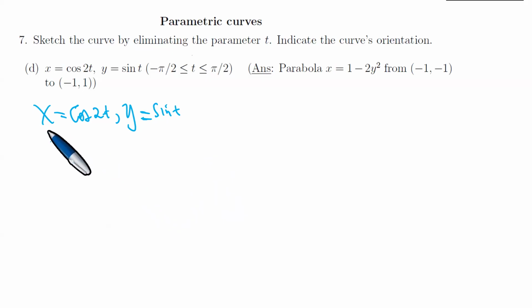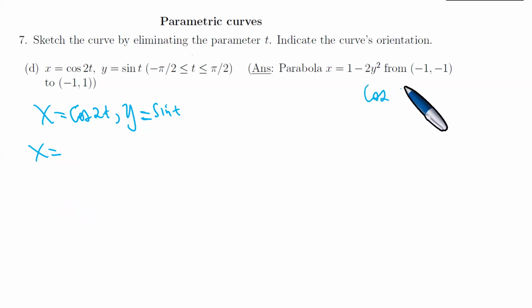Okay, let us reason these together. And now we go back to the metric clause and we say cosine 2t.